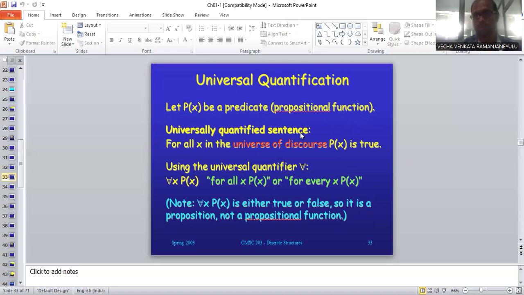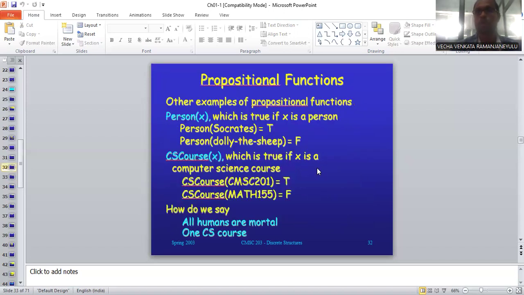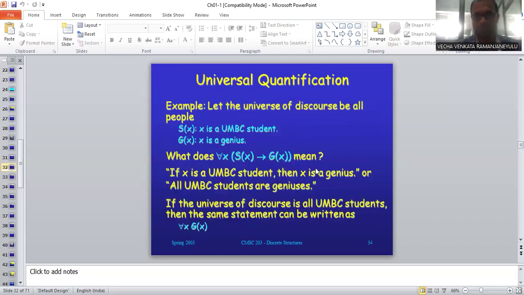A universally quantified sentence means for all X in the universe of discourse, P of X is true, using the universal quantifier for all. This symbol is represented. Okay, there are two quantifiers. One is the universal quantifier, another is the existential quantifier. Here I am talking about the universal quantifier.